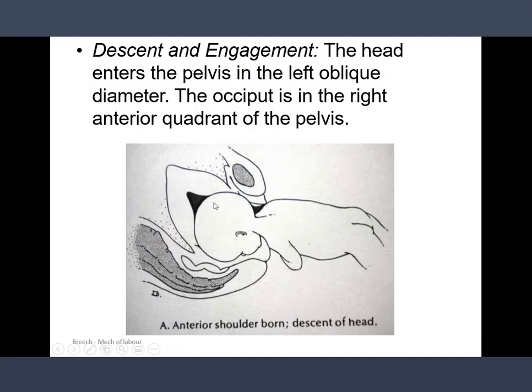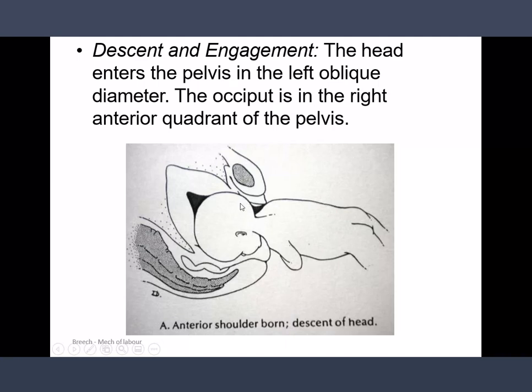But here, the fetus is not in full flexion. Full flexion means the chin will touch the sternum. Here the chin is not touching the sternum, so it is not in full flexion. So the engaging diameter is the suboccipito-frontal diameter, around 10 centimeters. Always remember suboccipito-bregmatic is the smallest diameter of engagement, that is 9.5 centimeters.